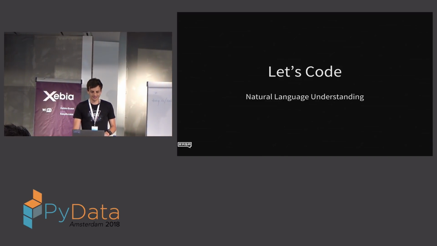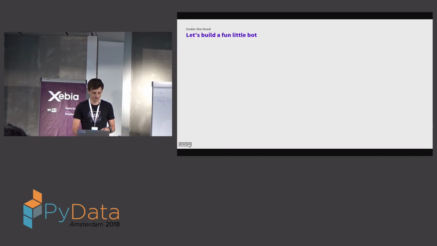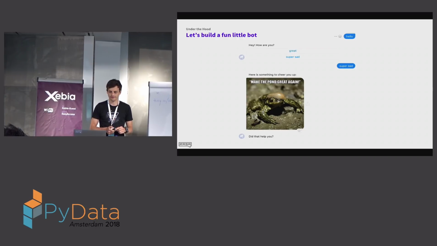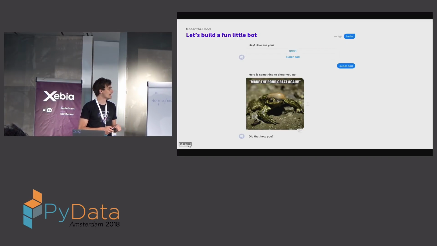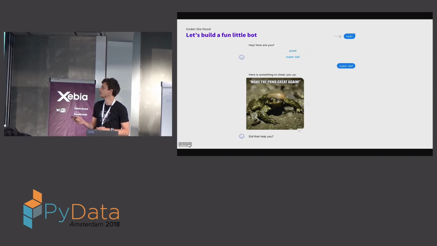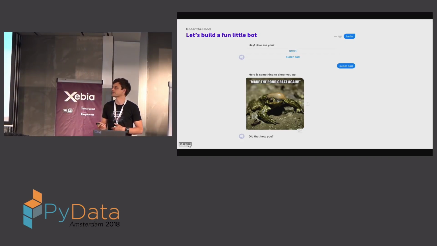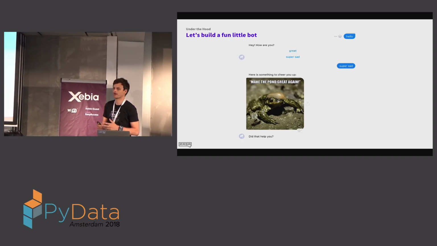All right, let's code. So here is what we want to build. It's a quick little thing. The user says hello, the bot answers hello, and then asks, how are you? In this case, as you can see, the Facebook UI can even provide a couple of buttons, but you can actually write whatever you want.